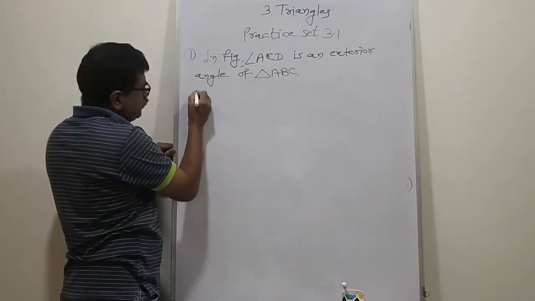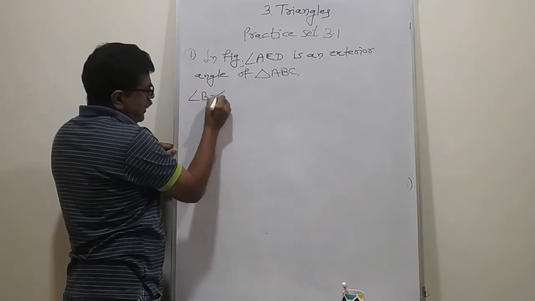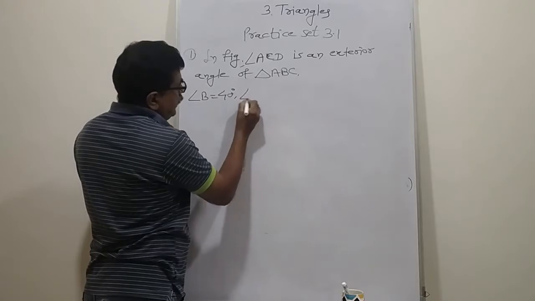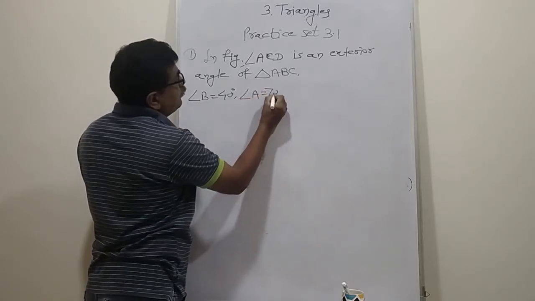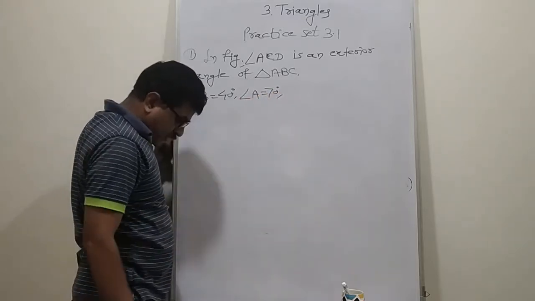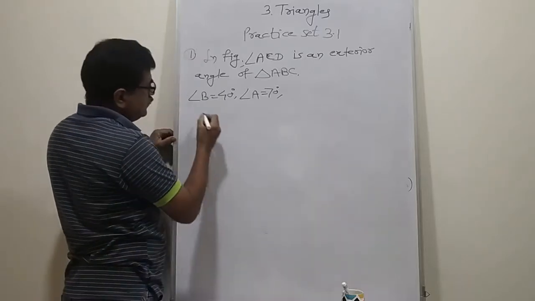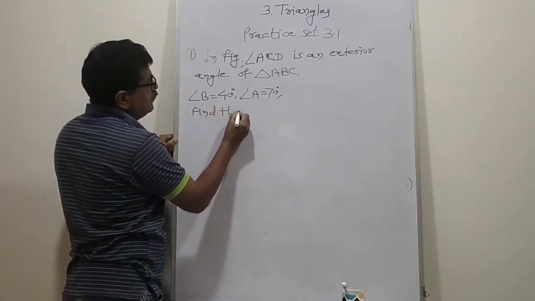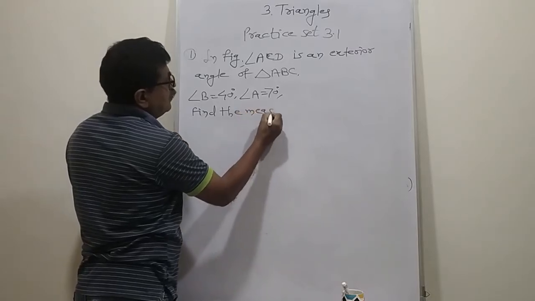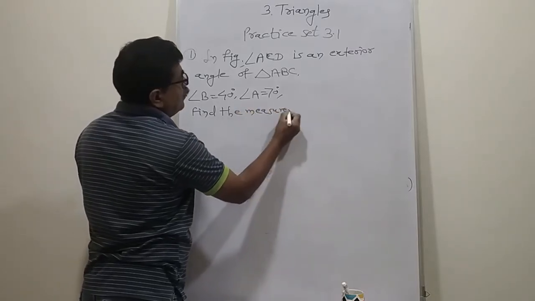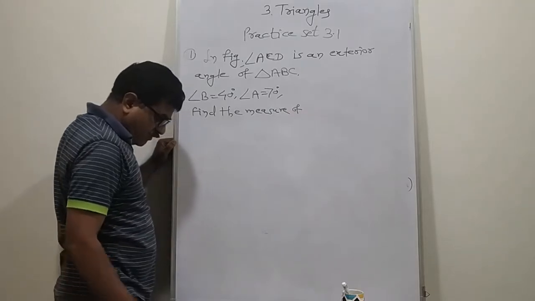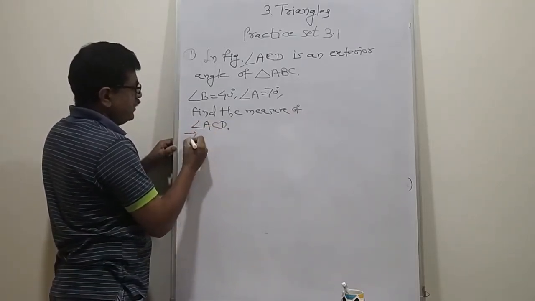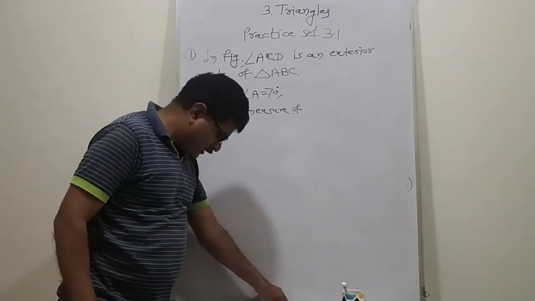Angle B is equal to 40 degrees, angle A is equal to 70 degrees. Find the measure of angle ACD.